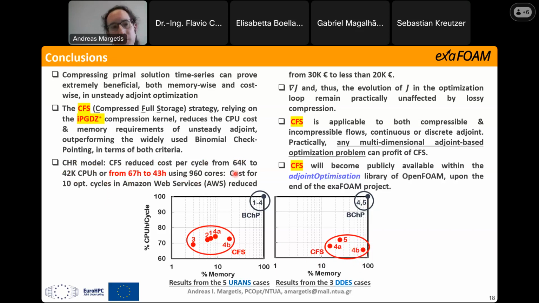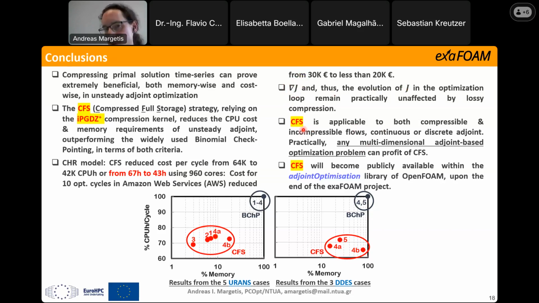Assuming that we would perform 10 optimization cycles in the AWS cluster, the total cost of the optimization would reduce from approximately 30,000 euros to less than 20,000. This reduction in cost came without affecting the accuracy of the computed sensitivity derivatives or the evolution of the objective function throughout the optimization.